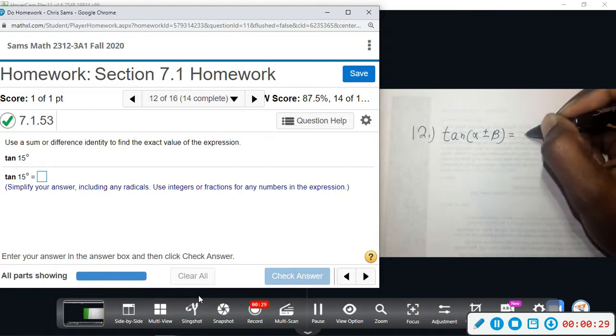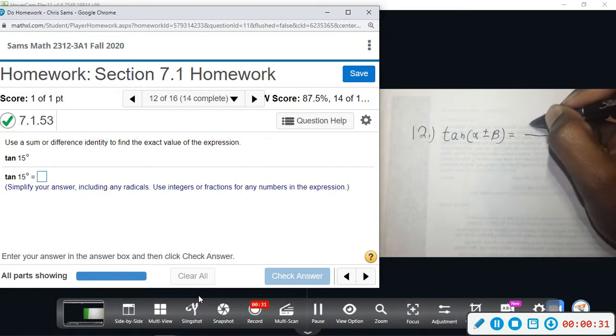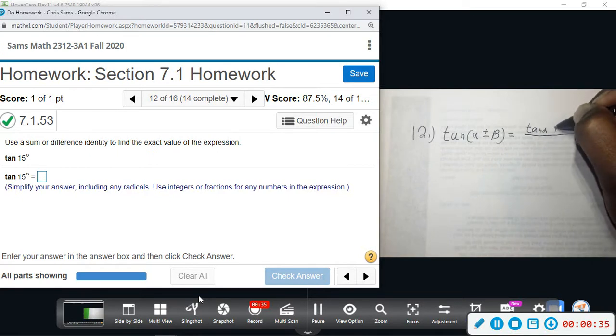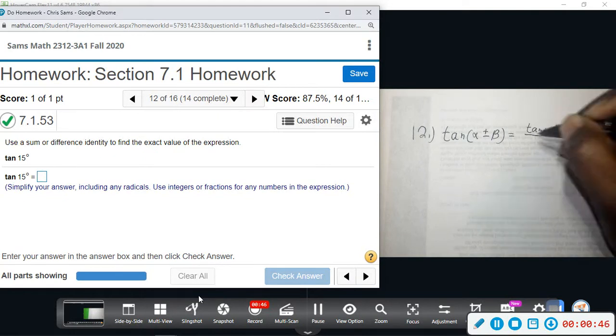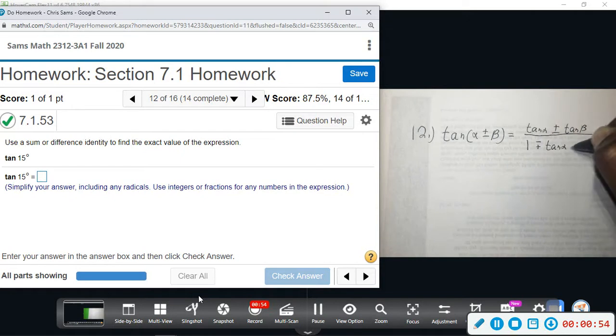That will be equal to tangent of alpha plus or minus tangent of beta, and then on the bottom we have 1 minus or plus tangent of alpha tangent of beta.